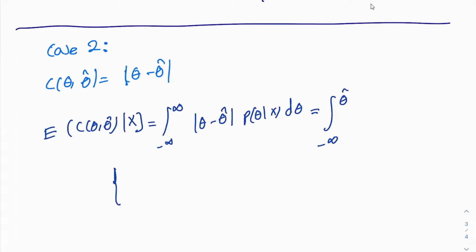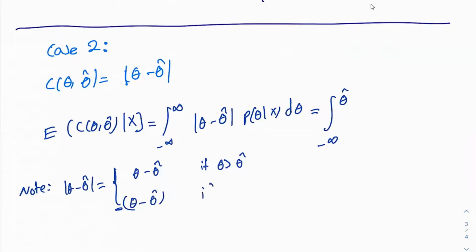I will write this minus this is equal to theta minus theta hat if theta is greater than theta hat, and theta minus theta hat marked by a negative sign if theta is less than theta hat. Good? Great.